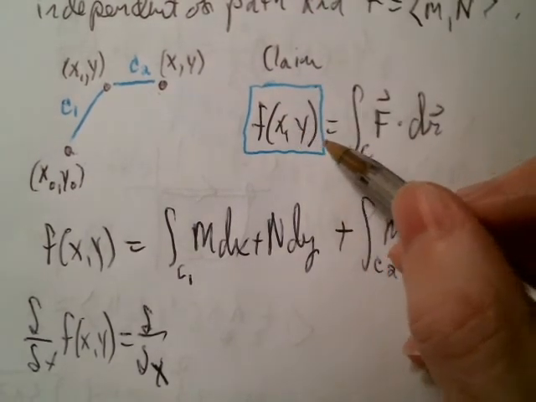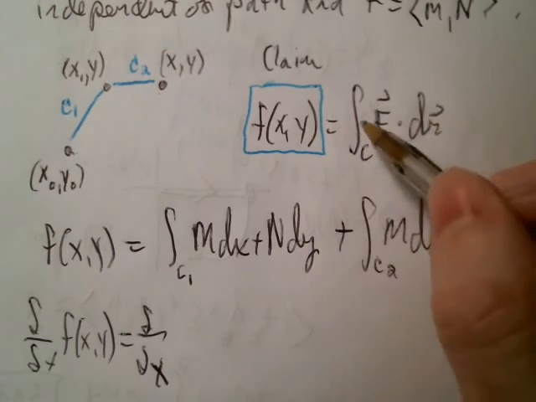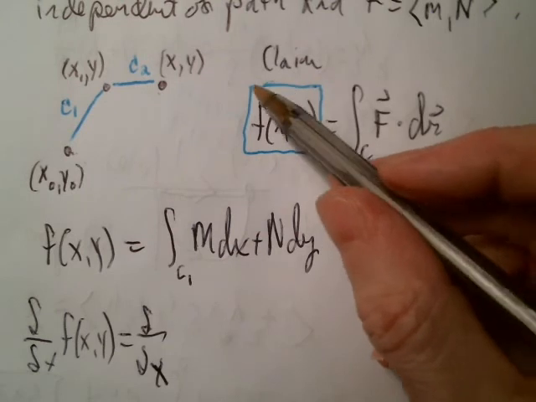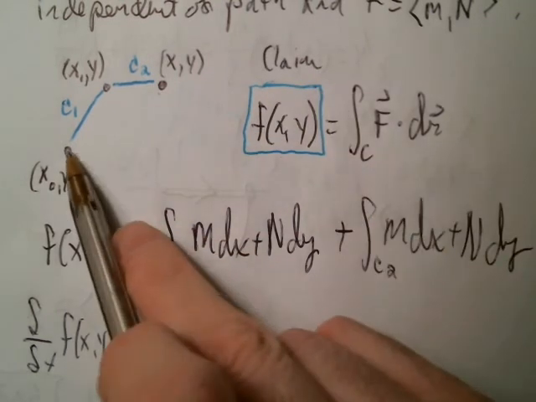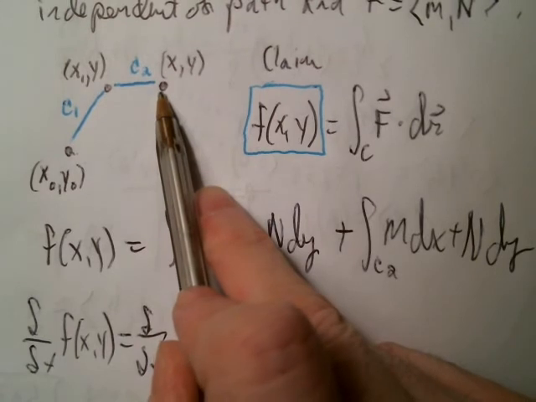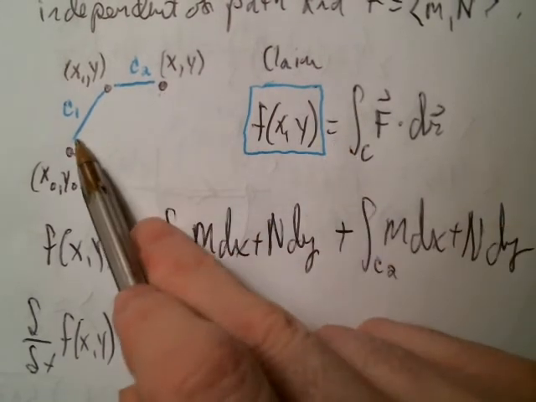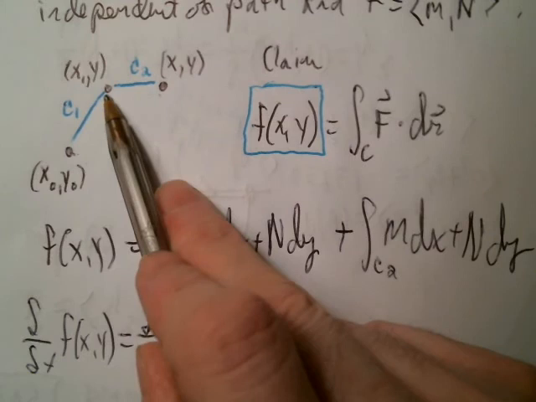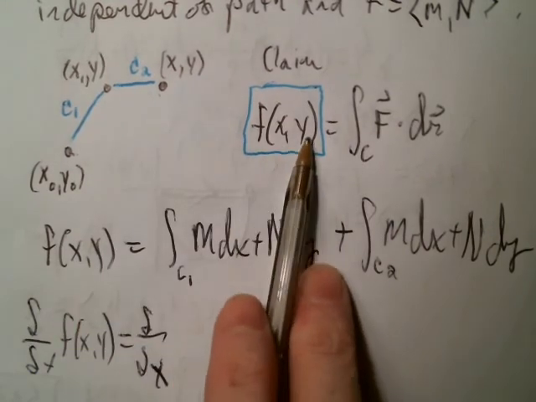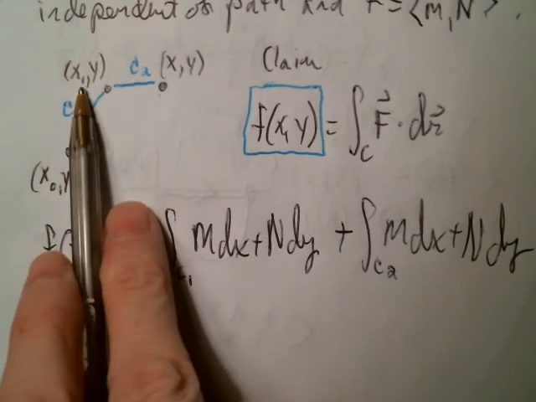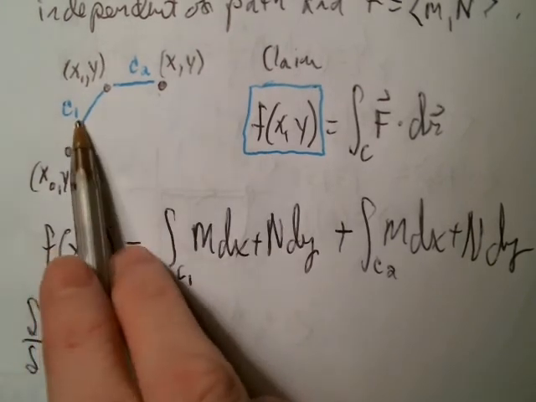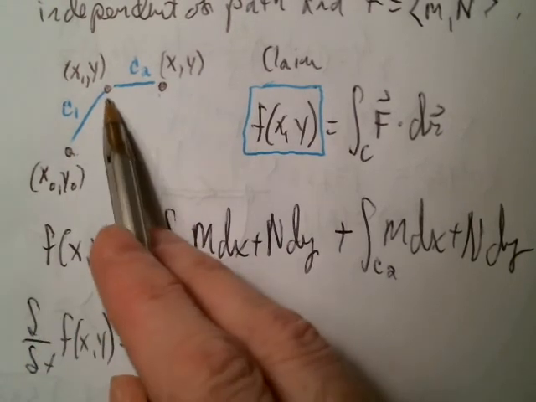It's a function of x and y, so this thing is populated by all kinds of x's and y's. And in particular, this function is going from here to here. So as an abstract function, if I went from here to here, I would be inputting, instead of x and y, x1 comma y into here, and that would give me my answer for the line integral of this part.